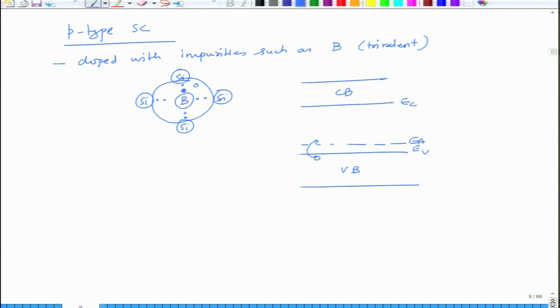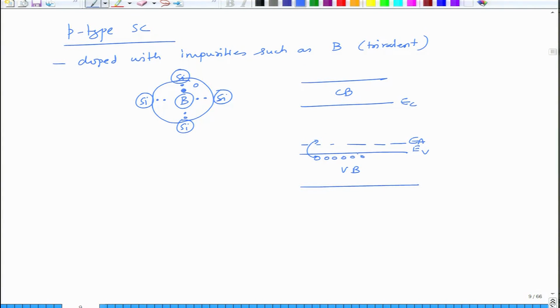Okay. So, to make this covalent bonding, it will create a hole somewhere else. This is the hole that is created. It has taken an electron away from some silicon. So, essentially it will create holes because these electrons will go to the acceptor energy level. Again, EA minus EV is of the order of KT, and that is how p type doping will work.